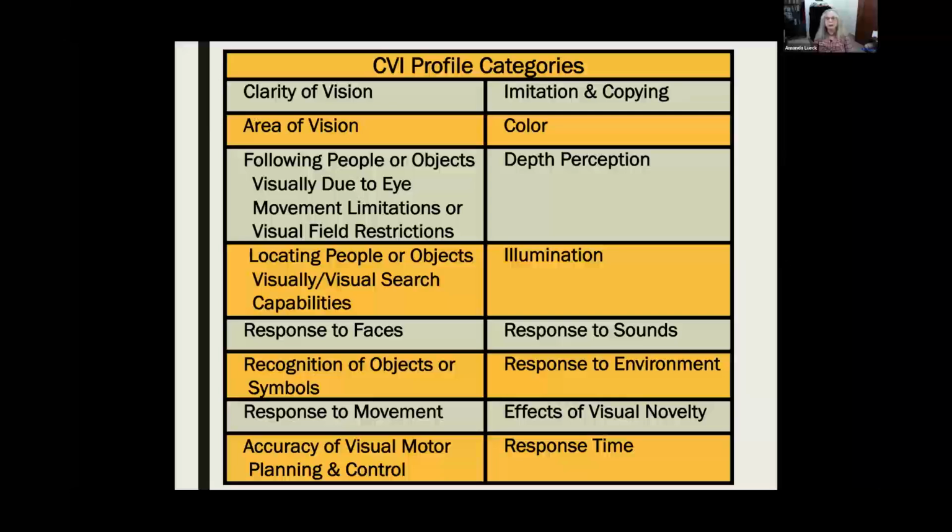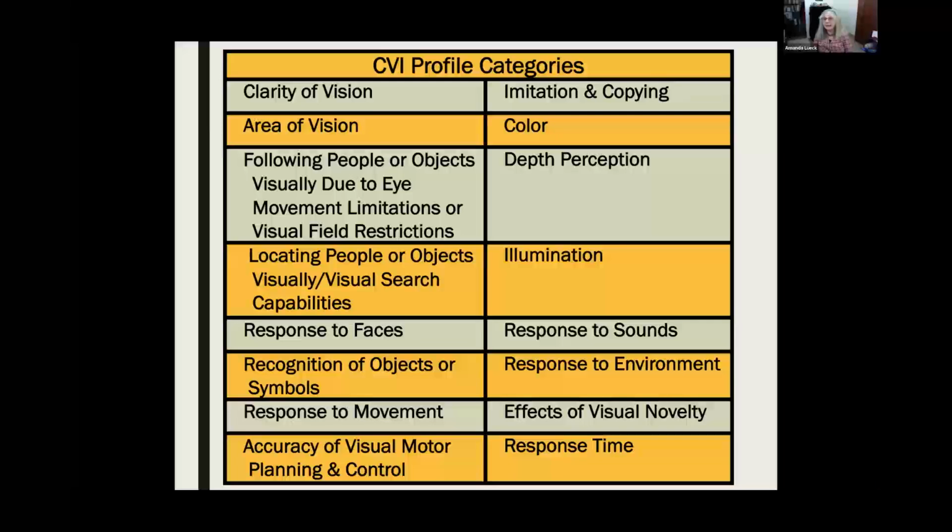So in the CVI profile that we've developed, our 16 categories, and I'm just going to read them off very, very quickly, are clarity of vision, area of vision, following people or objects visually due to eye movement limitations or visual field restrictions, locating people or objects visually and visual search capabilities, response to faces, recognition of objects or symbols, response to movement, accuracy of visual motor planning and control, imitation and copying, color, depth perception, and this is depth perception that's different from stereopsis, illumination problems or issues, responses to sound.